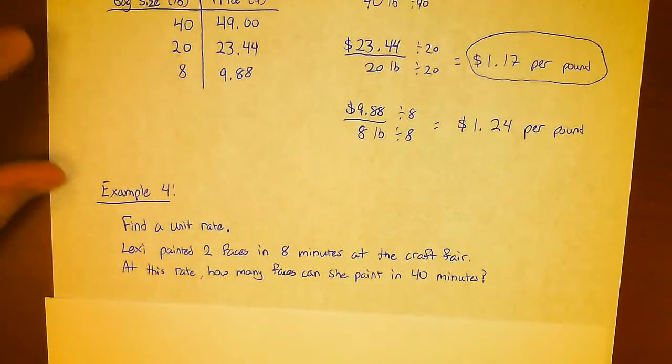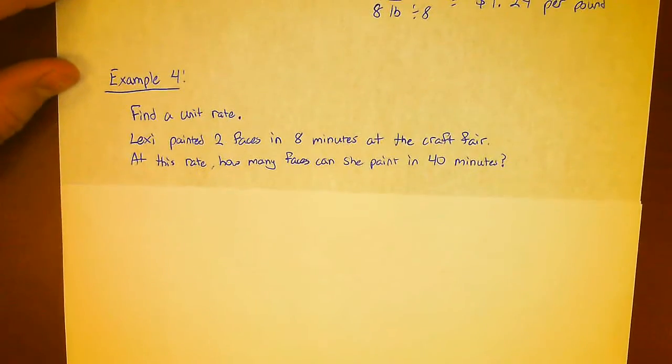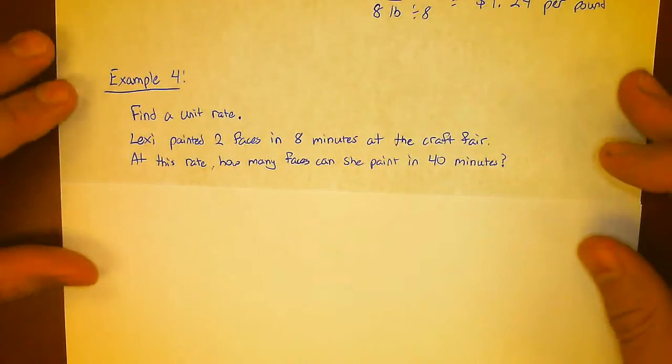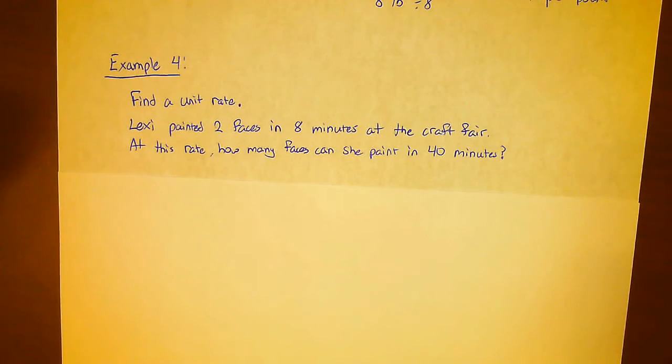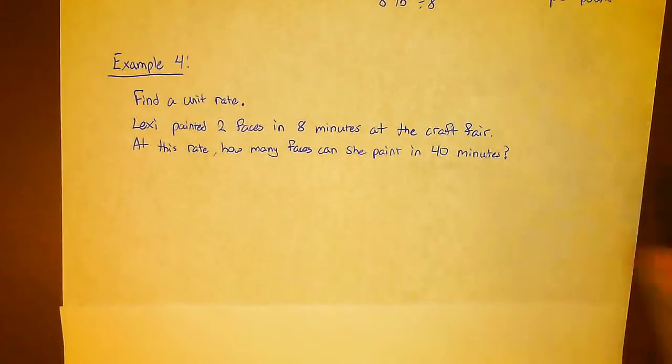Alright. Last example of the day. It wants you to find a unit rate, and then it gives you a problem to go along with it. Lexi painted 2 faces in 8 minutes at the craft fair. At this rate, how many faces can she paint in 40 minutes? Alright. So first things first, how we're going to do this.